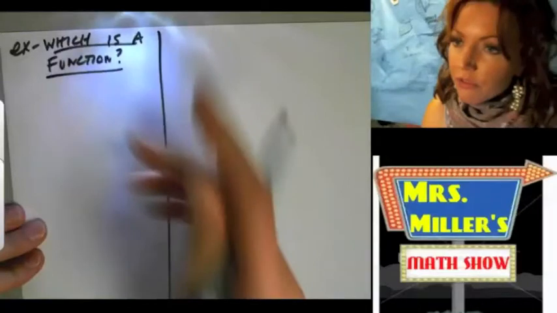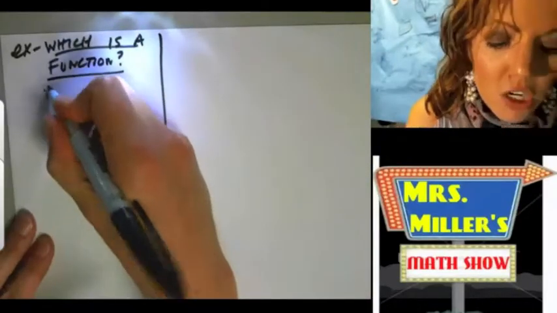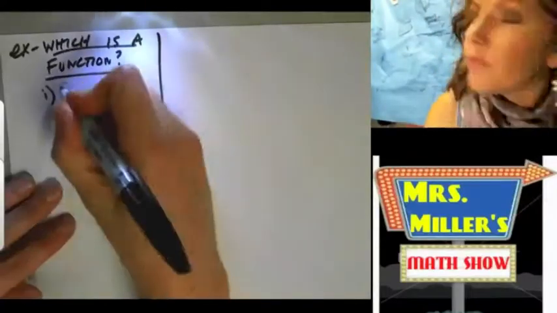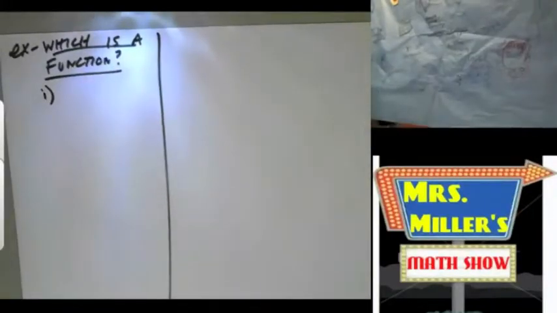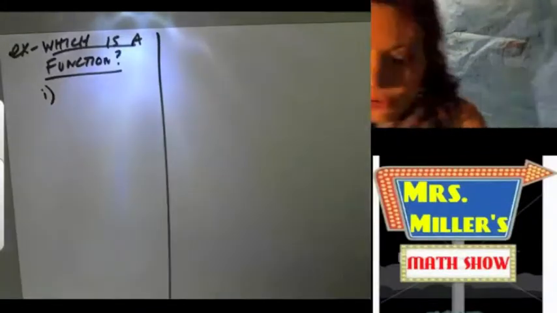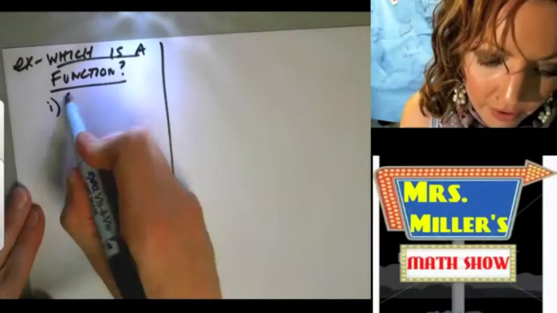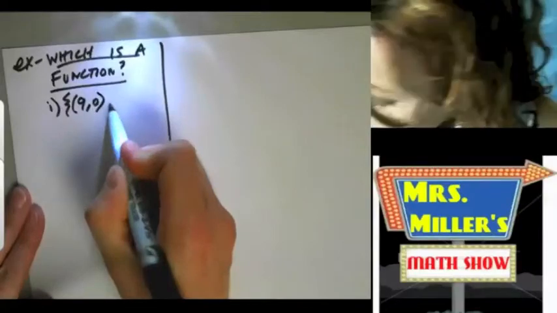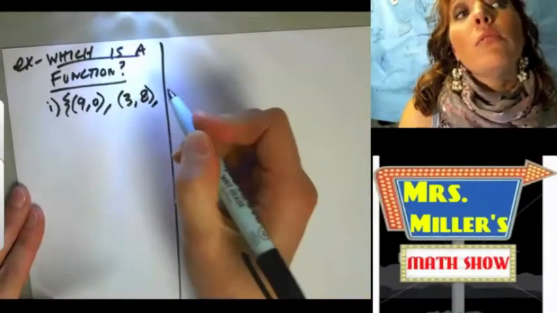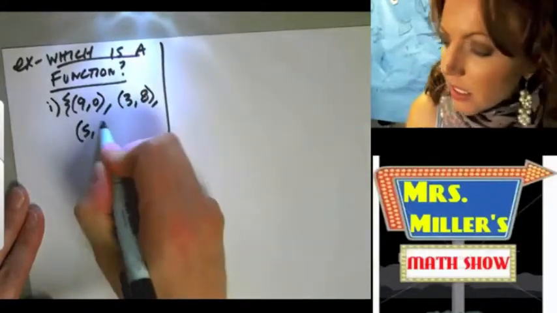And we are going to start out with a set of points. The first set of points we have: 9, 0, 3, 8. We did this in the last homework assignment. 5, 8, 9, negative 1.